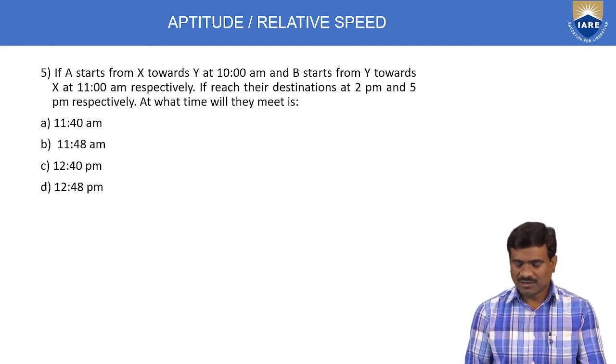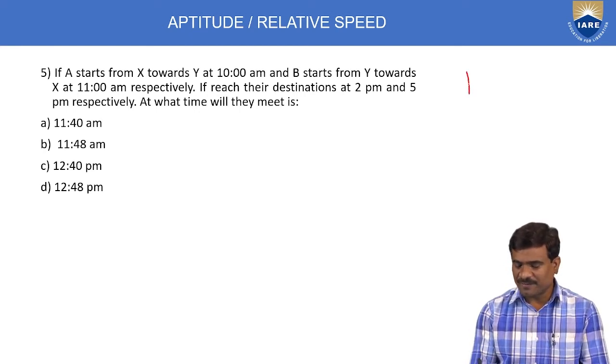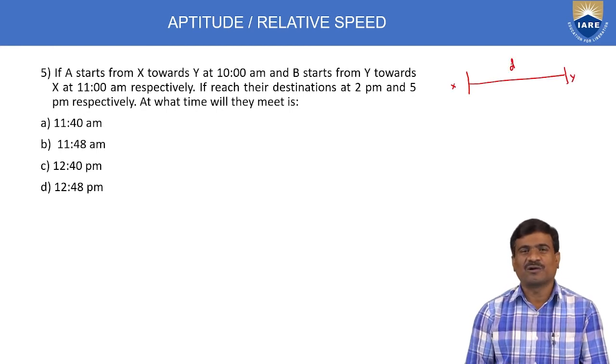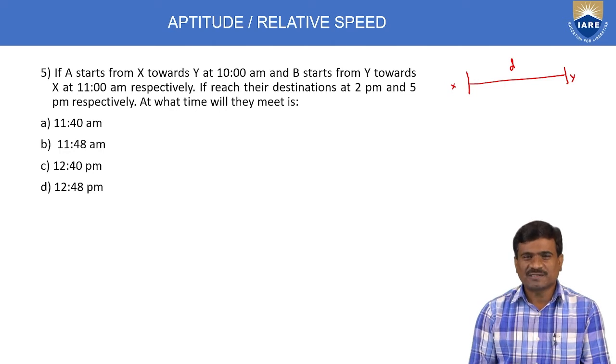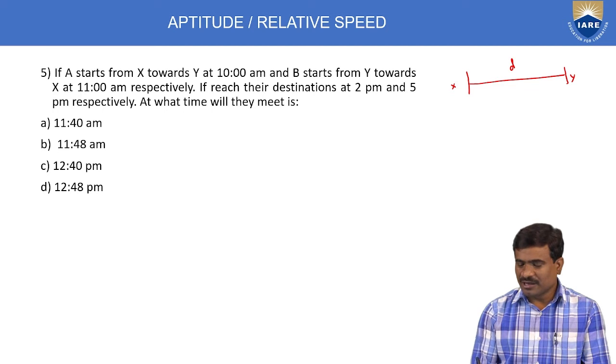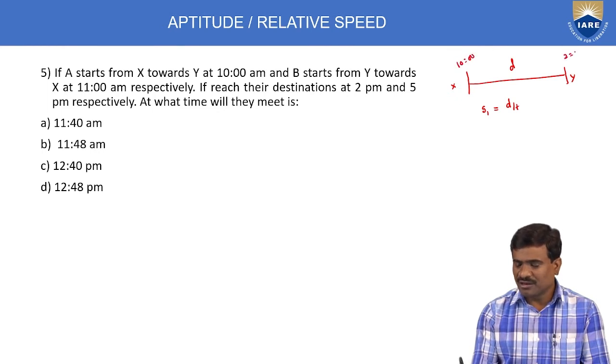Method: same as the previous example. The distance is not given here. The X towards Y distance is equal to the Y towards X distance, which is D. Then the X towards Y speed is distance by time. A's time is 10 a.m. to 2 p.m., which is 4 hours.